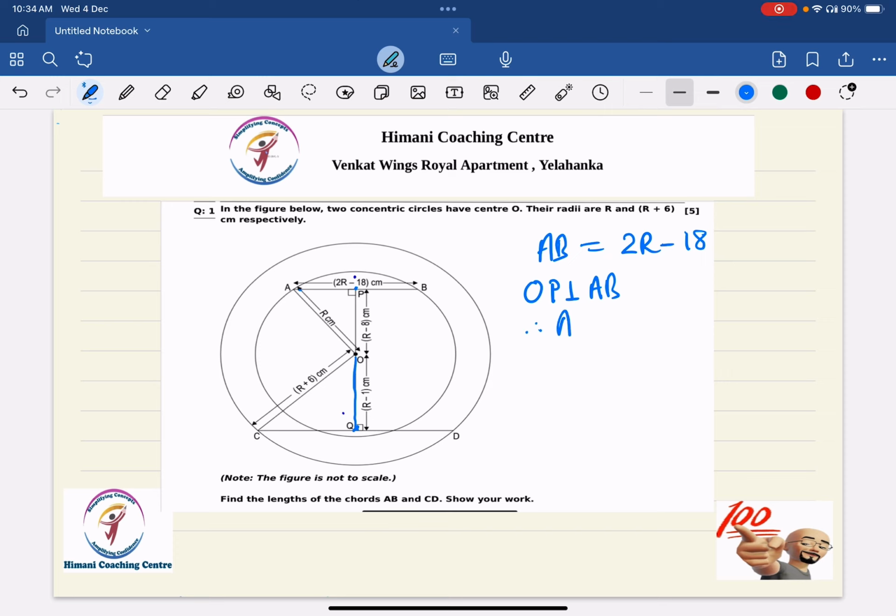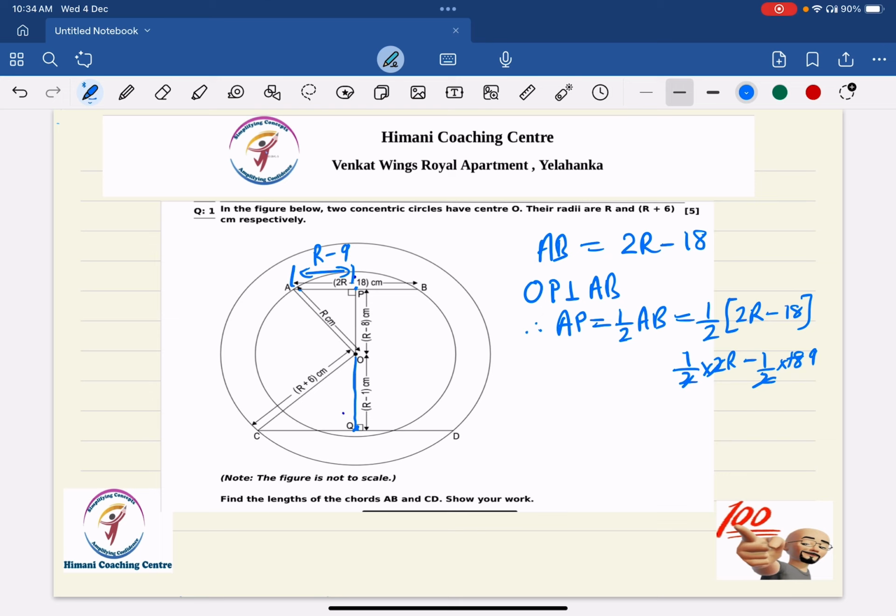Therefore, AP should be equal to half of AB, and we can write it as half of 2r minus 18. So if you do this, half into 2r minus half into 18. So what will we get? We will get AP as r minus 9. Okay, students?